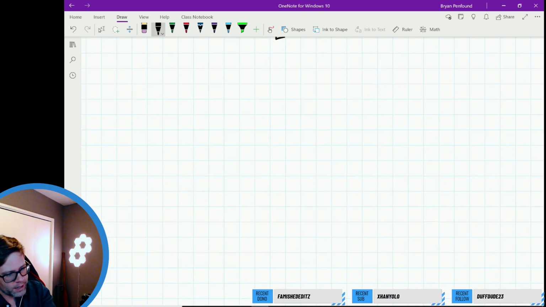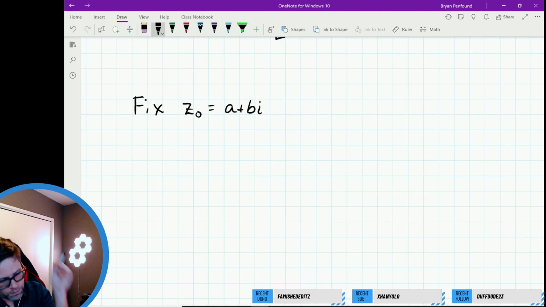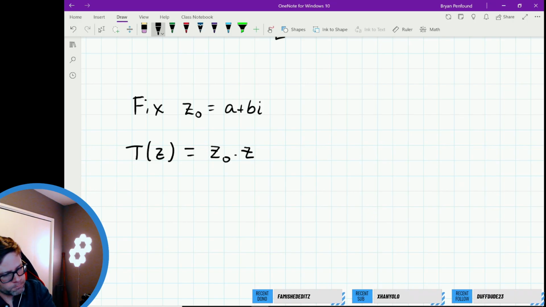So you're saying we're going to fix a complex number, and look at the transformation, I don't know if it's linear yet or not, where we do the multiplication z naught times z. Is that what you're saying?